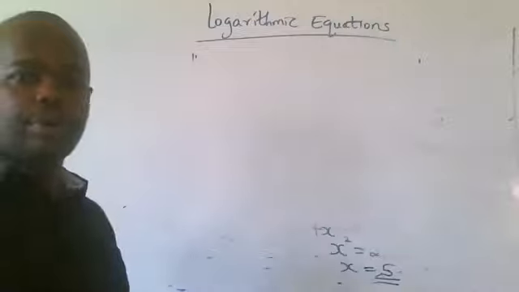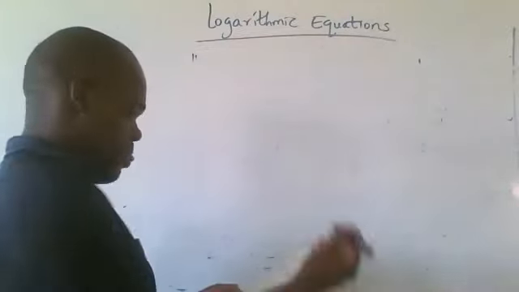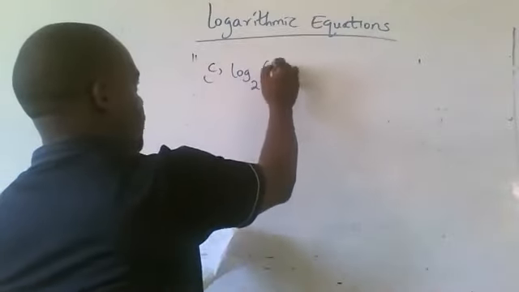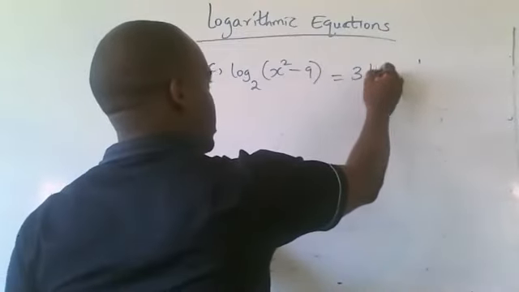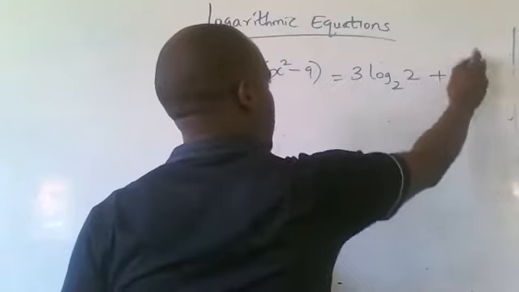So I hope that is clear. So if you are given log to base 2 of x squared minus 9 is equal to 3 log to base 2 of 2 plus 1.